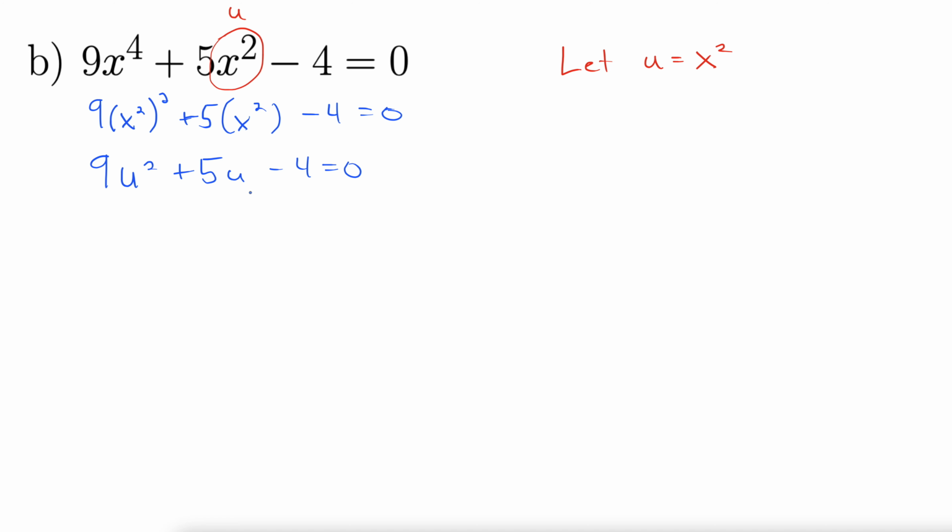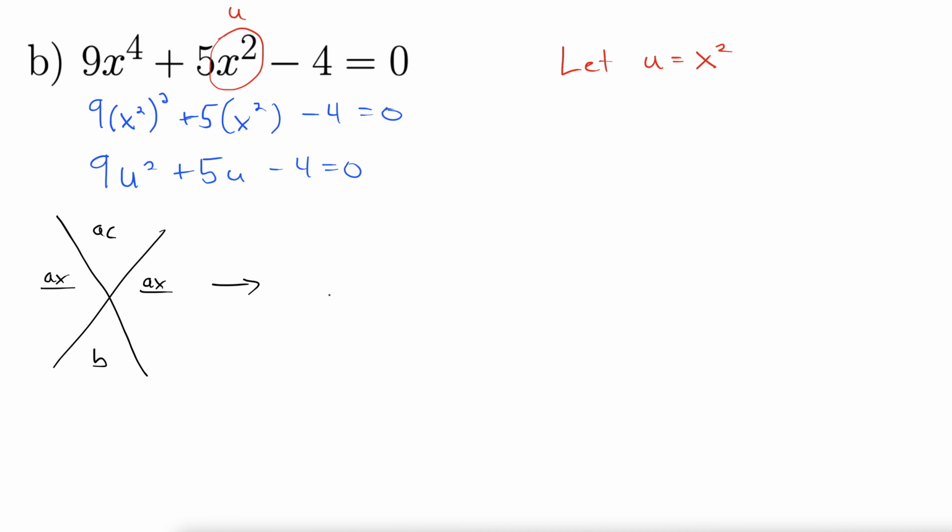Now we need to factor this. So let's go ahead and do that. We could use trial and error. I think instead I'm going to use the diamond method, which works like this. You do your x's there. AC goes here, AX goes here, AX goes here, division line, and B goes down here.